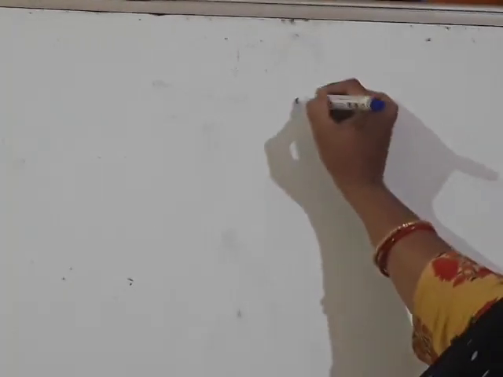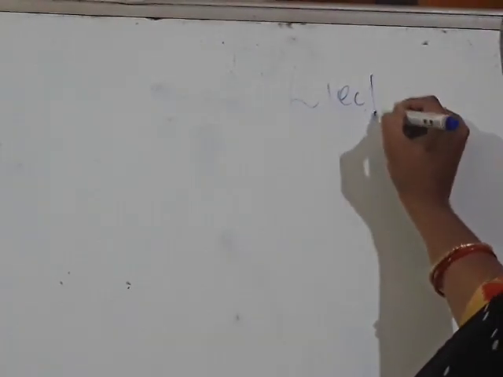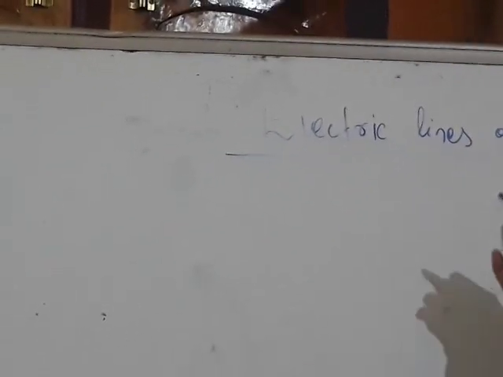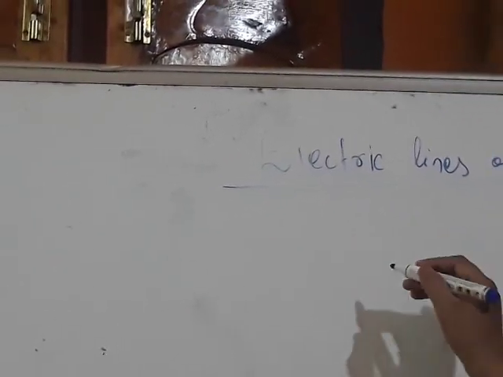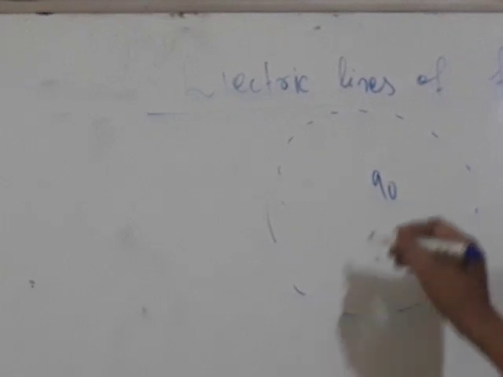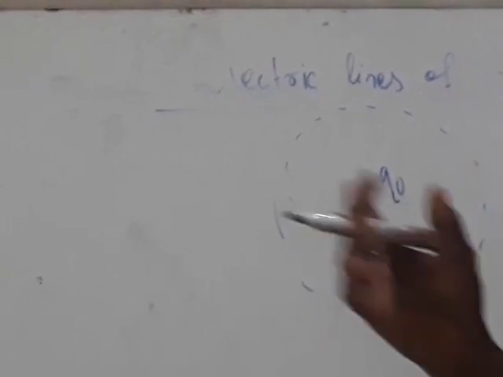Next, come to another factor known as electric lines of force. Electric lines of force is nothing but an imaginary line or the path traveled by the test charge within the electric field if it is free to do so.